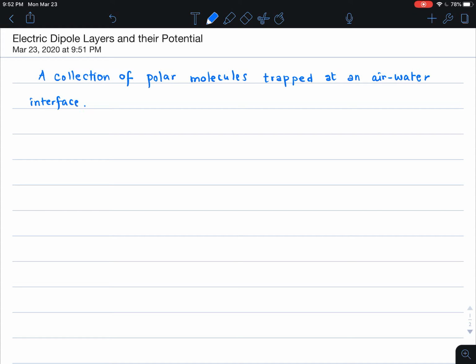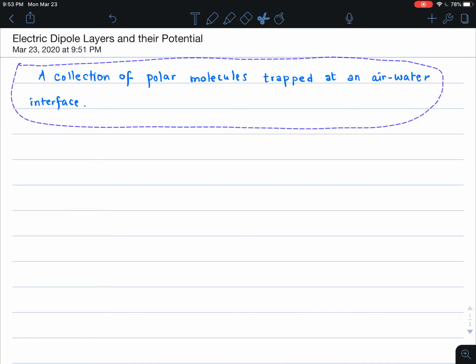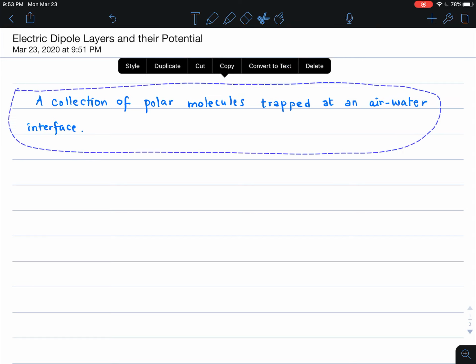An example of polar molecules that would show this kind of structure could be cholesterol molecules or lipid molecules at an air water interface.